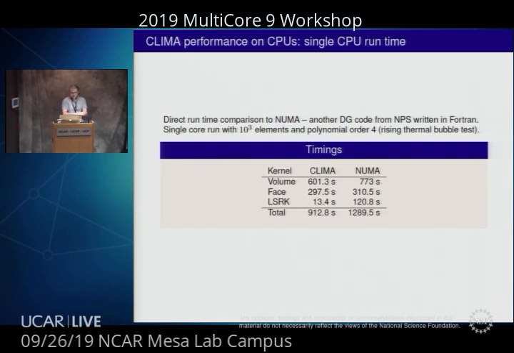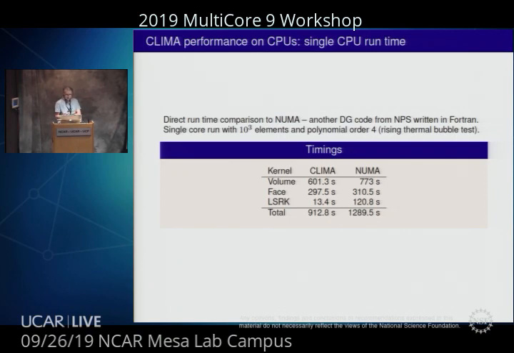And we see basically that CliMA is like 30% faster than NUMA. And I divided this time into the 3 main kernels: the volume, the phase, and the low storage Runge-Kutta update. So that's our time stepping.